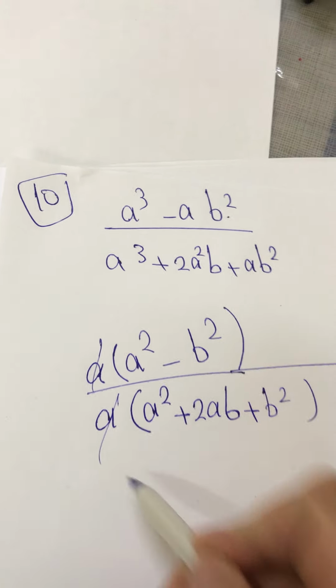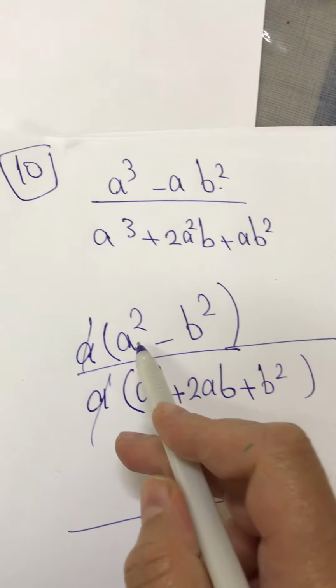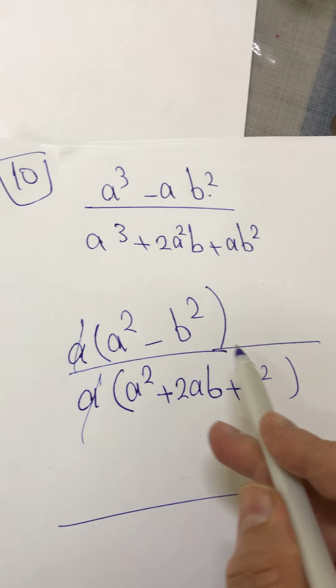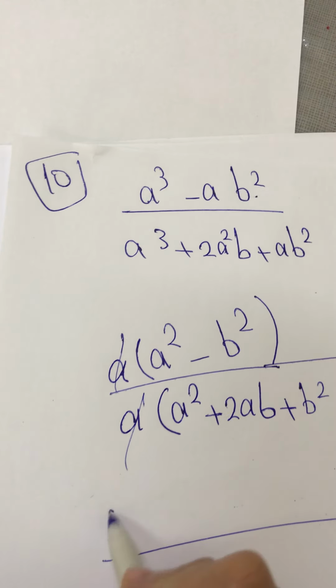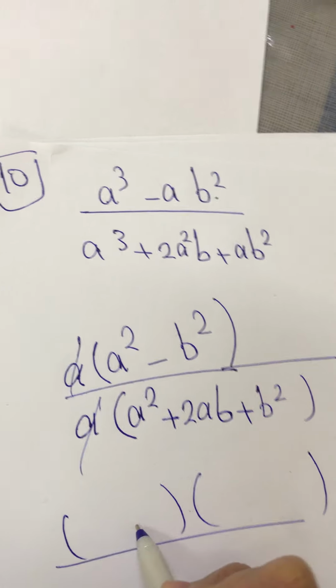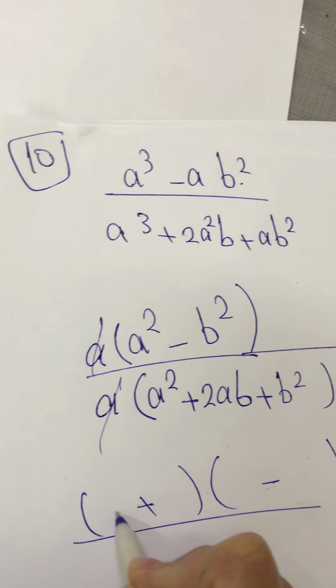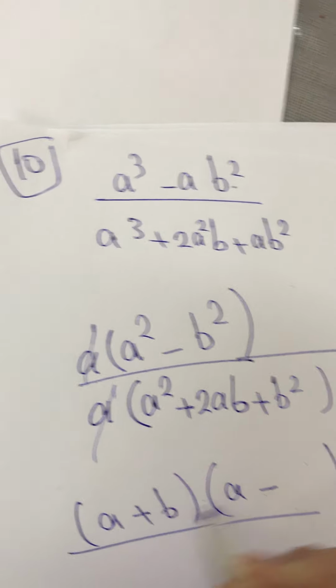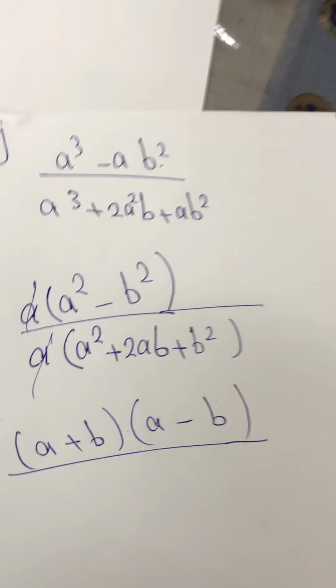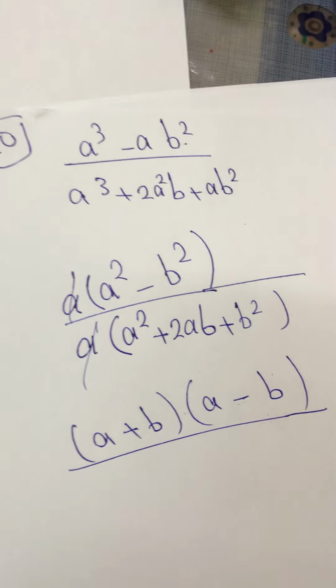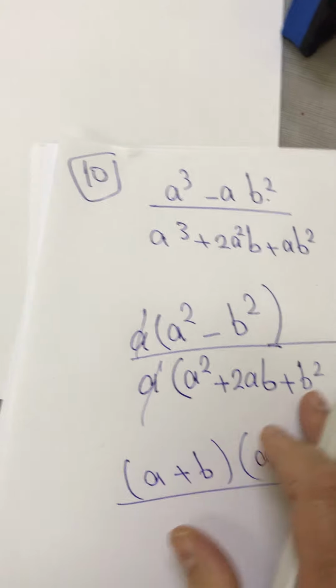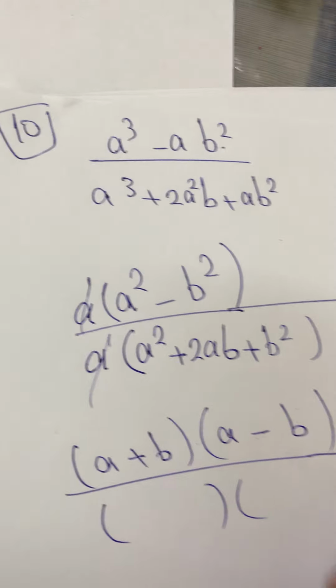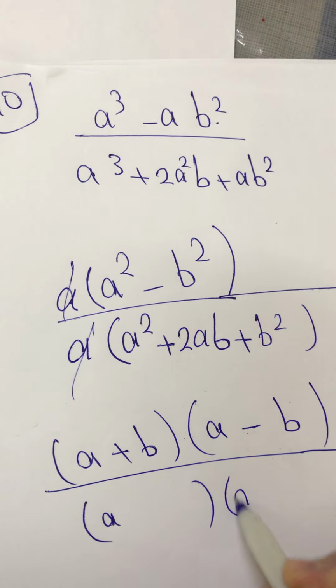I can simplify up and down. In the beginning, cancel a with a. Now, a square minus b square, difference between two squares. So open two brackets, the same, one positive and one negative. Here a and a, b and b. All this work, we took it in grade 8. And here, I'll open two brackets. A square comes from a times a.